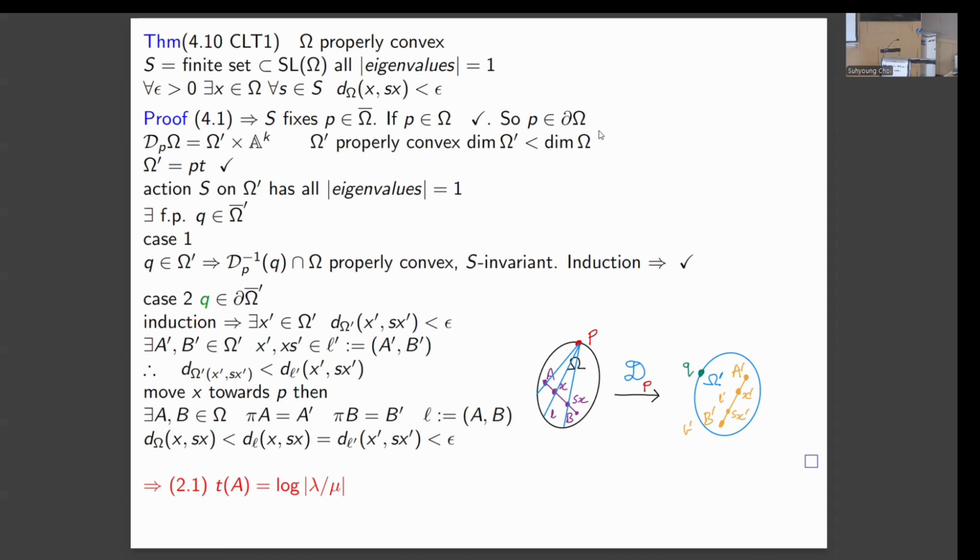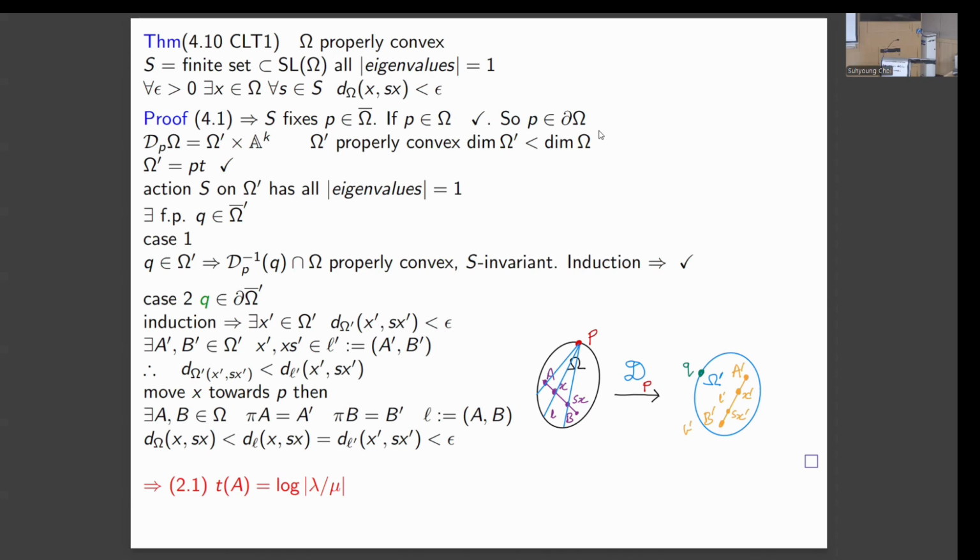And in that case, the result is obvious because if you think about how the Hilbert metric works, because of a unique supporting hyperplane, if you take a point very close to that point P, the boundary is almost flat there. It means that any point close to P is going to be moved a very small distance. So when this is a single point, the result is obvious.